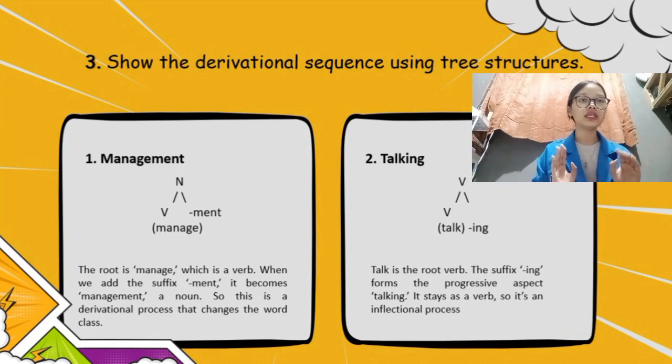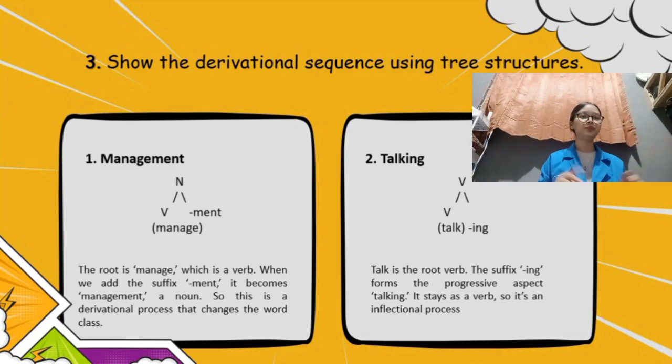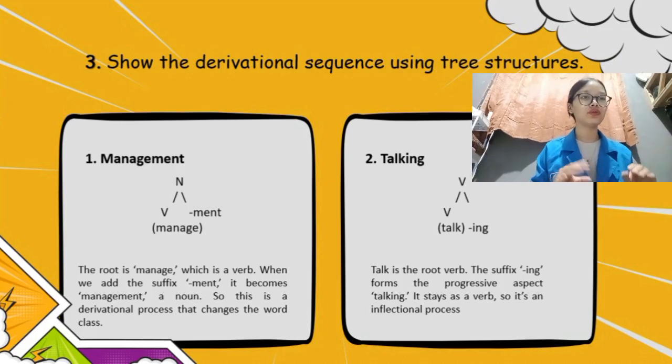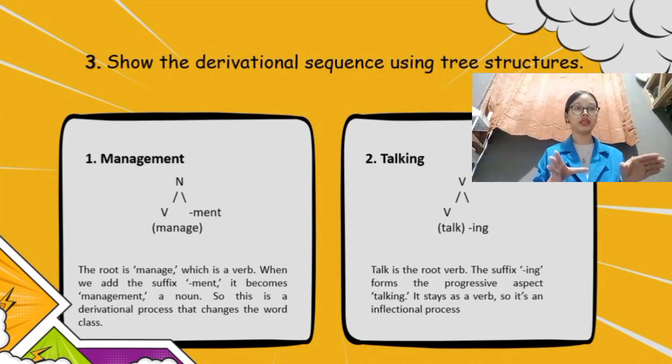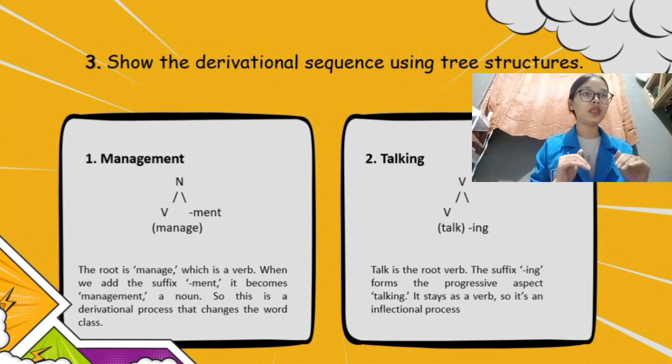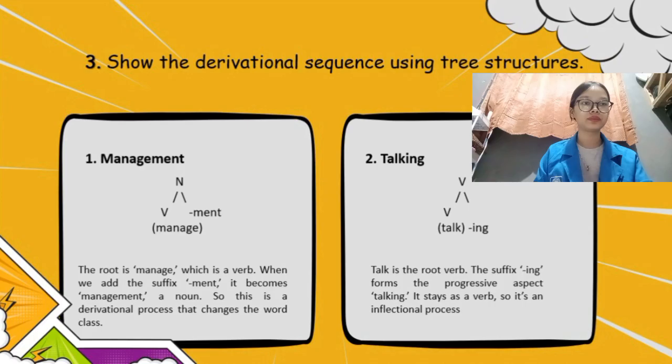So this is a derivational process that changes the word class. For number two, talk is the root verb, and the suffix -ing forms the progressive aspect, talking. It stays as a verb, so it's an inflectional process.